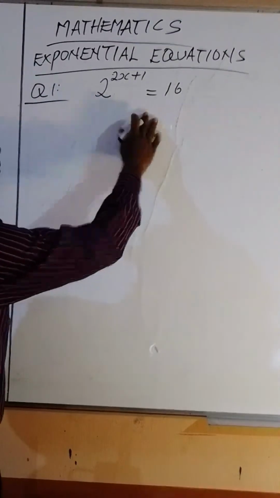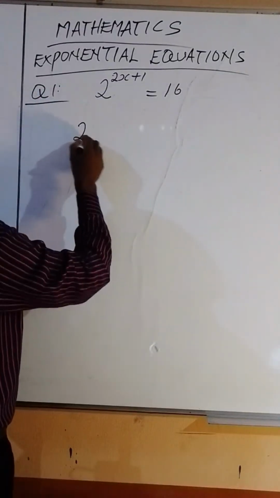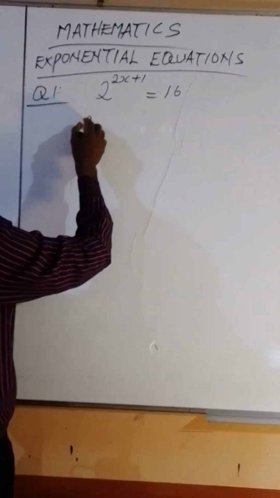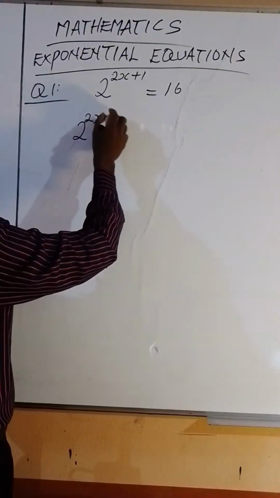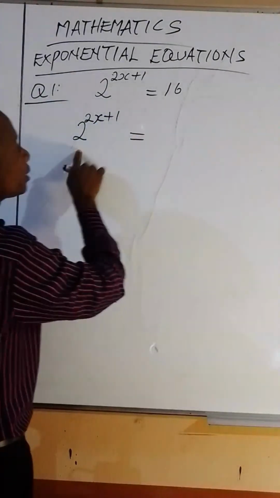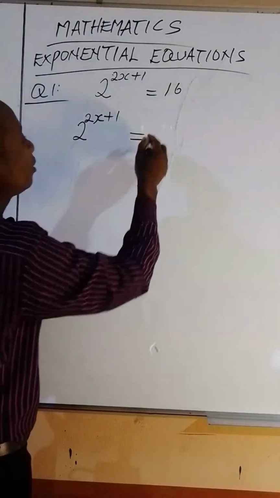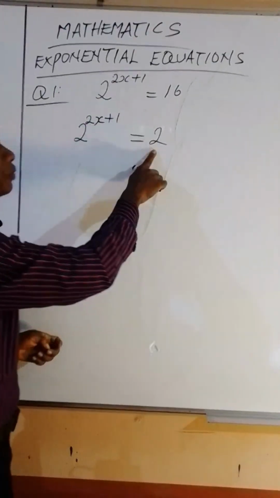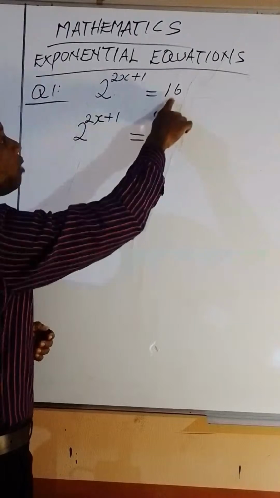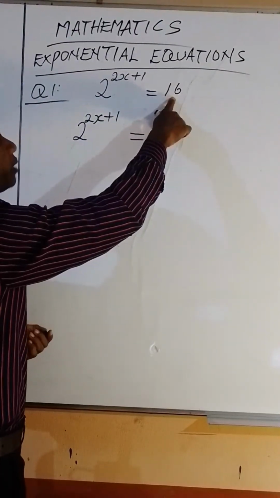The first thing I'm going to do here is to equate the bases. Since we already have 2 as the base at this side, on the left-hand side we are now going to look for a number that will serve as the exponent of 2, so that we can obtain 16.